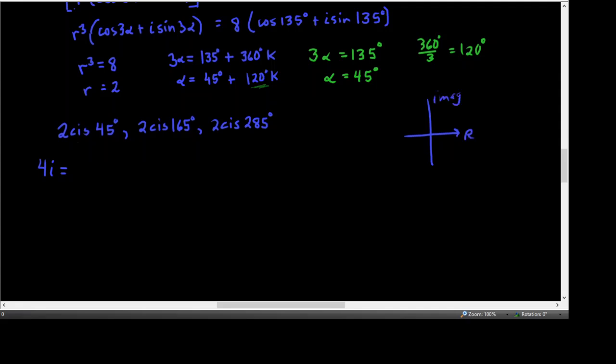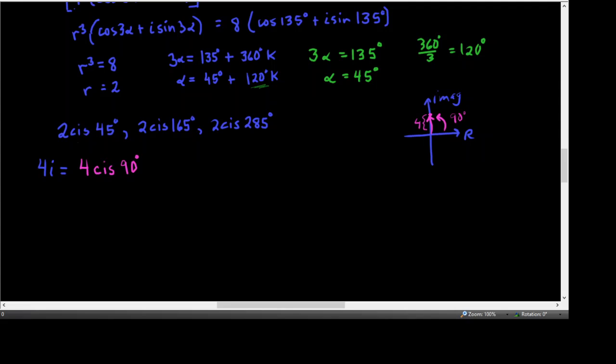I'm not writing the whole thing for sake of time. And so this is up here at 4i. And so what angle is that? 90 degrees. How far is that from the pole? 4 units. And so this is pretty easy. Remember I said the ones on the axes are easy. It's 4 cis 90 degrees.